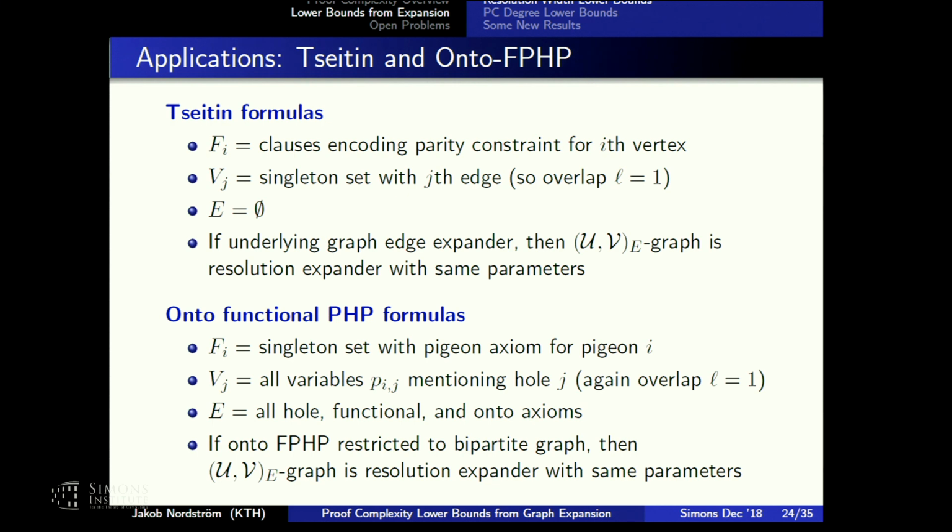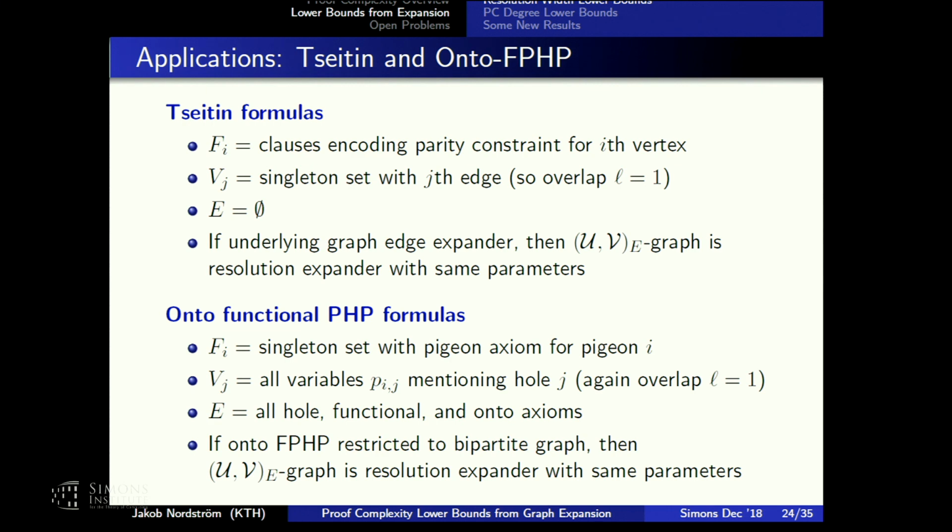And then we'll have all the functional and onto axioms. They go into the filter so that we only consider maximal matchings. And then again, if you look at the graph version, this just gives you back exactly the same graph as you had. So if the original graph was an expander, then this graph is an expander and you have a lower bound. In both cases, the games are easy to win.